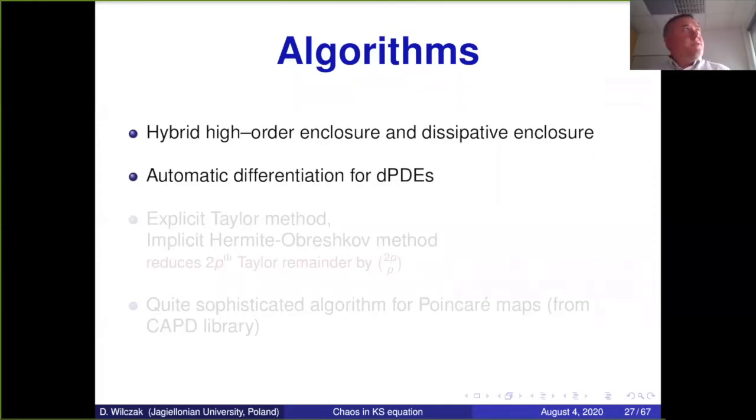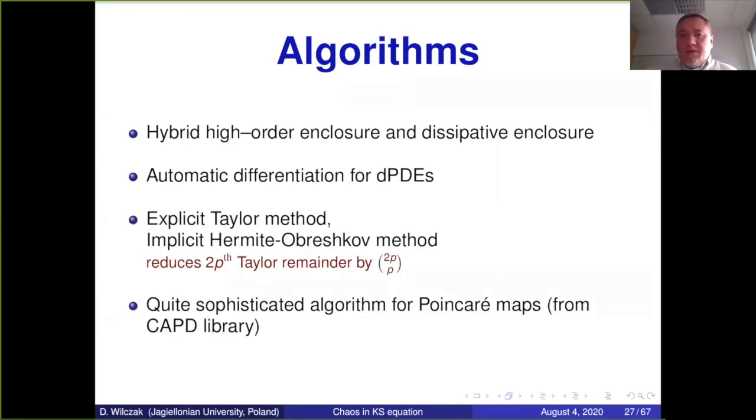The method is based on the Taylor method or the Hermite-Obreshkov method, which is implicit, but both rely on computation of Taylor coefficients of the solutions. So we proposed an algorithm for automatic differentiation of PDEs, well, solutions to PDEs. And given these Taylor coefficients, we can define the explicit Taylor method or the implicit Hermite-Obreshkov method.